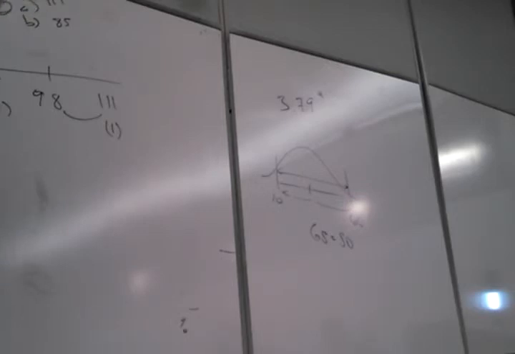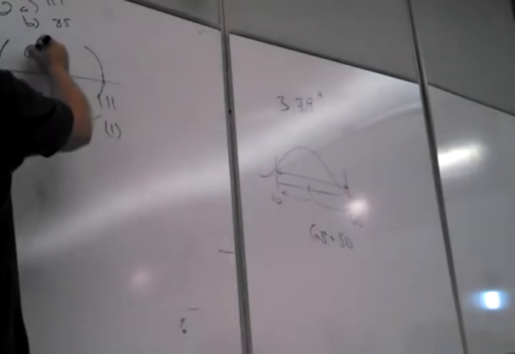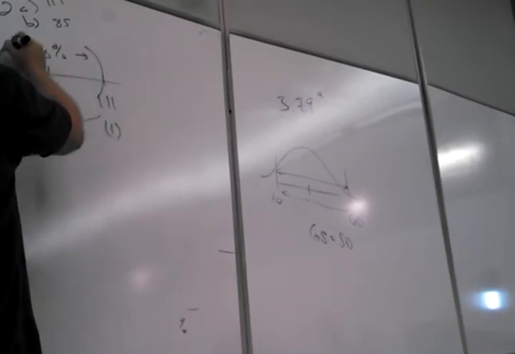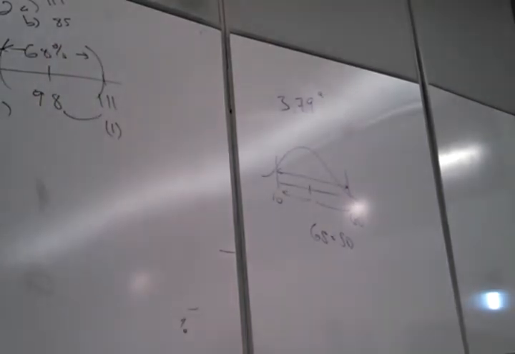What does the empirical rule say about the percentage that's within one standard deviation of the mean? 68%. Done. No work to do. It's a rule I need to know, the empirical rule. So it's 68%, because number 2 says a very specific word. What kind of distribution is it? Normal. Since it's normally distributed, I can use the empirical rule.